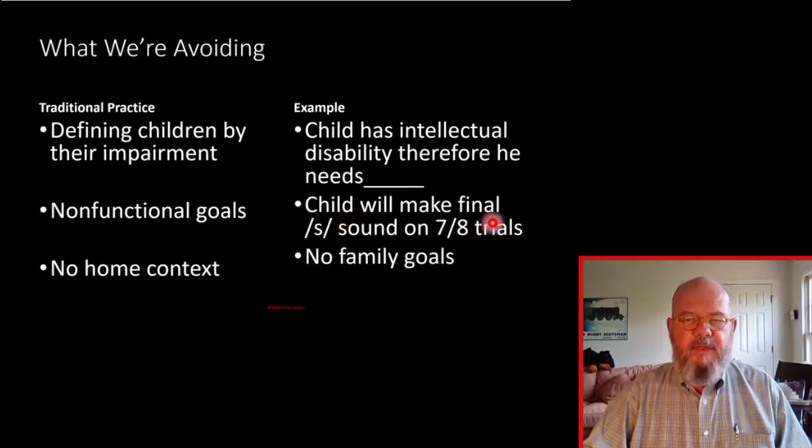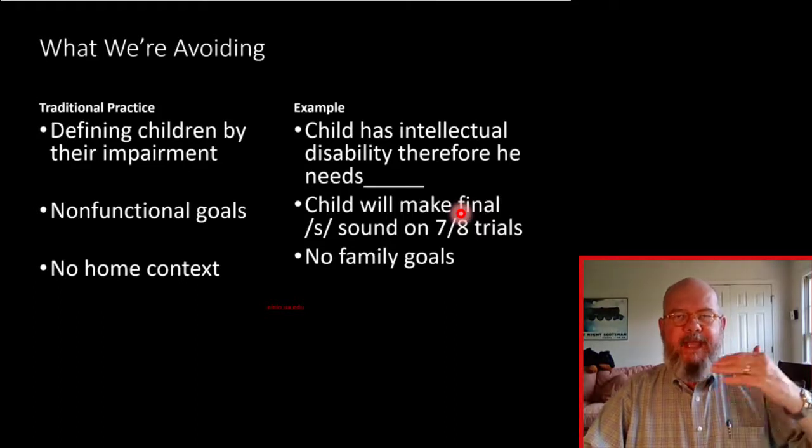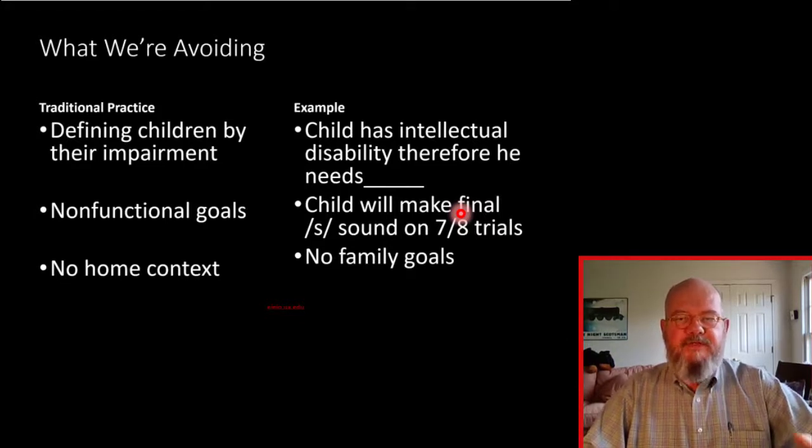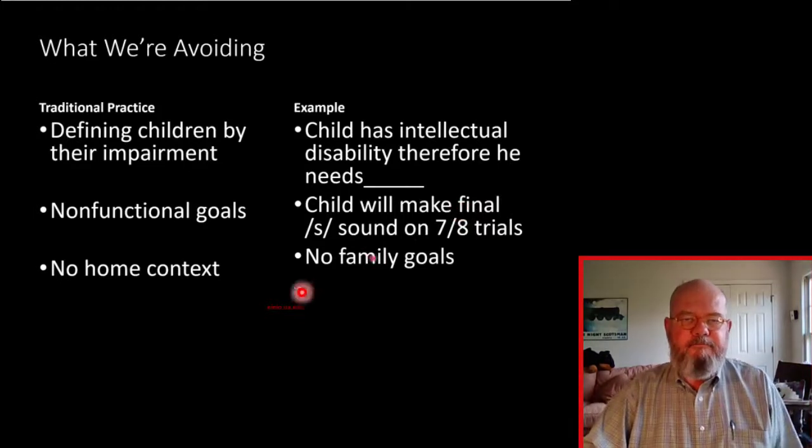And also, in this example, the measurement 7 out of 8 trials leads to an assumption that we're going to give the child 8 trials all in a row, which of course is not how children communicate, and saying final S sounds is a communication goal.